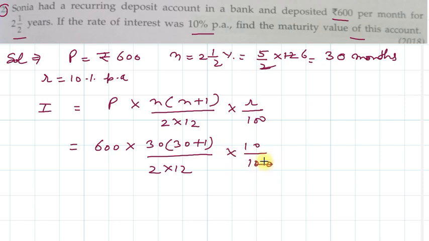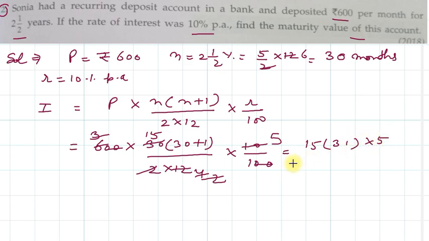So this got cancelled with this, 2 3s are 6, and 3 4s are 12, 2 2s are 4, 5 2s are 10, so 2 15. So our equation has become 15 into 31 into 5, right?